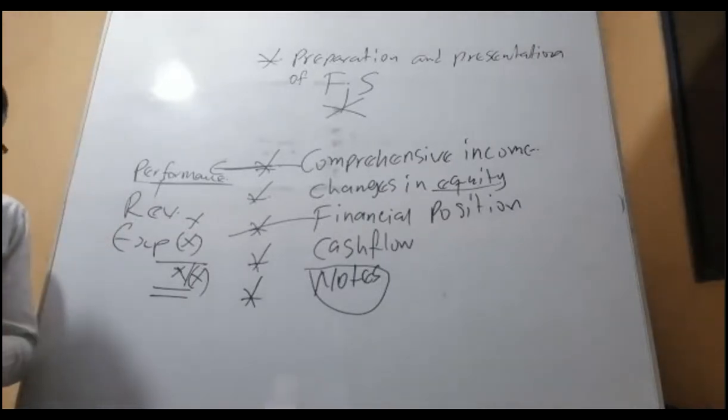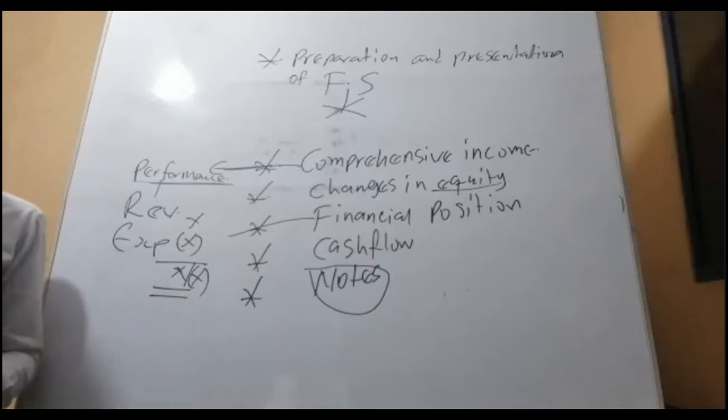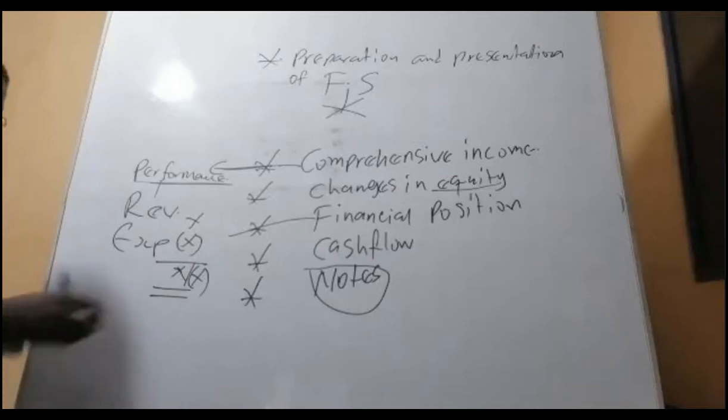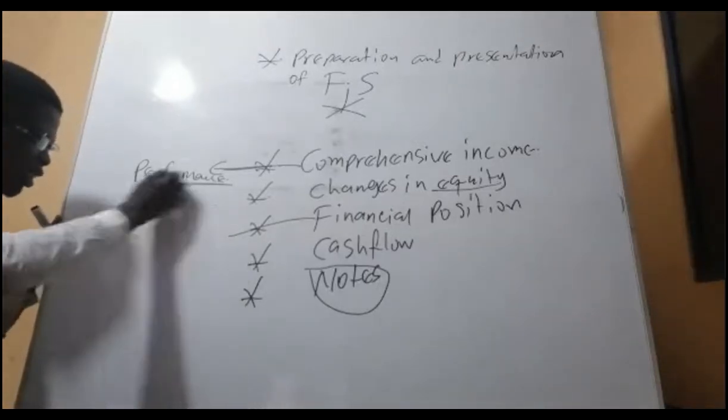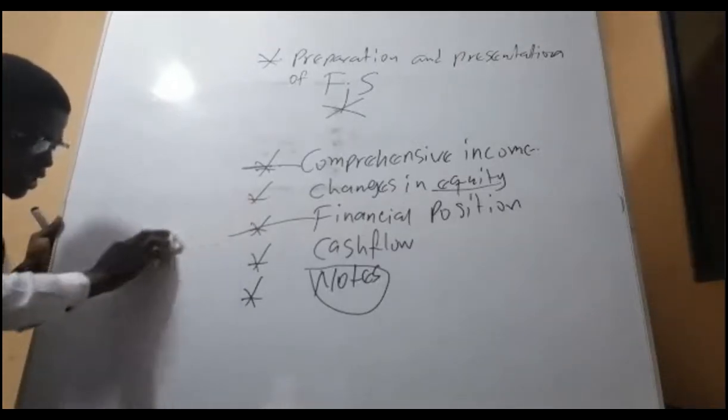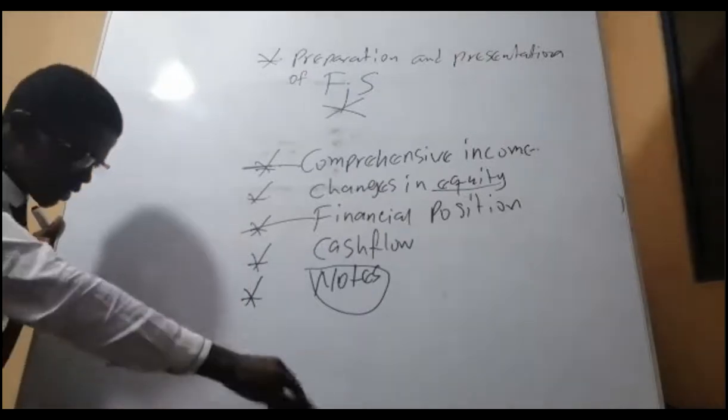And then the two types of liability, current and then non-current. Good. That's fine. Then you come to cash flow. In fact, this cash flow is a simple one.